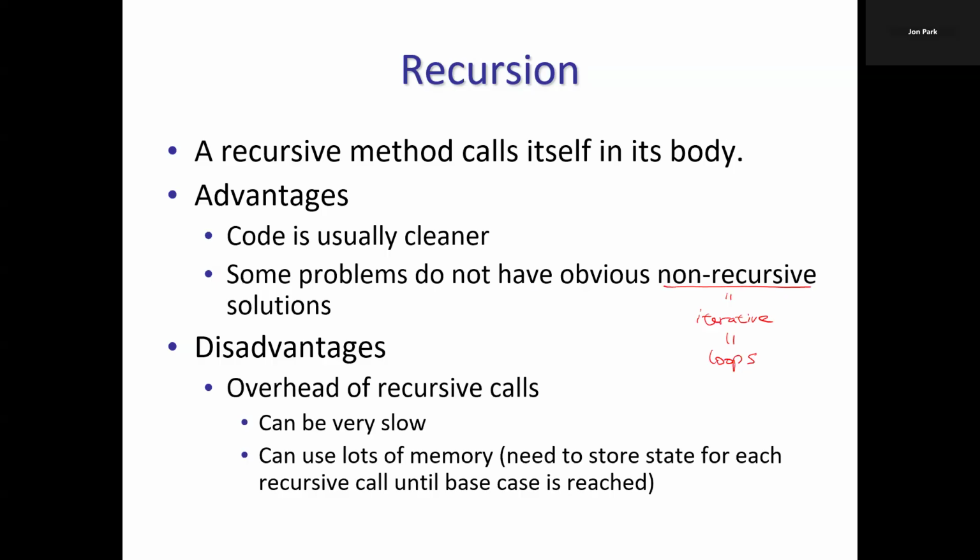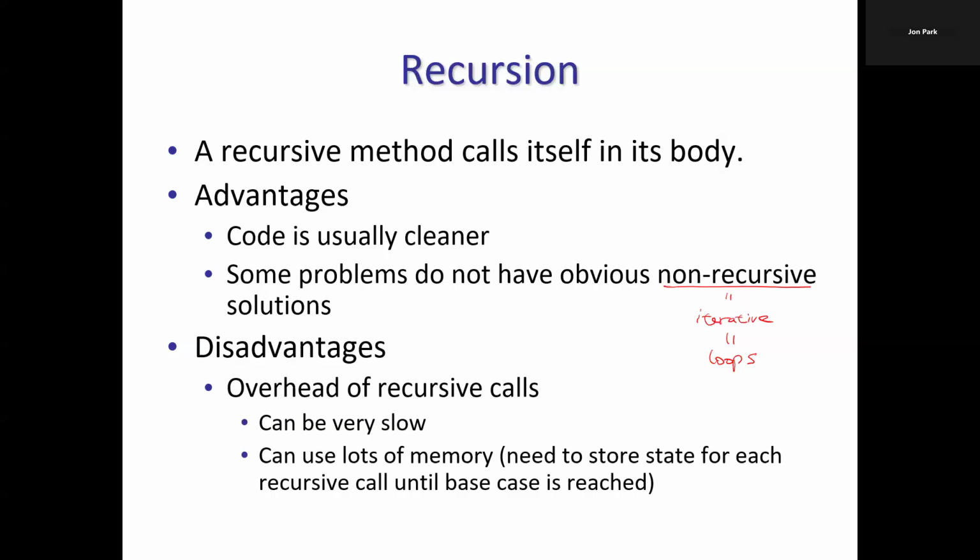If the recursive version is not simple enough, you might as well just go with loops. That's probably why pretty much all recursive methods you see are very clean and very short. When you get to the lab this Friday, you'll see that all the recursive methods I have to write are short, but it just takes time to come up with that. So that's the advantage: you have very simple code.